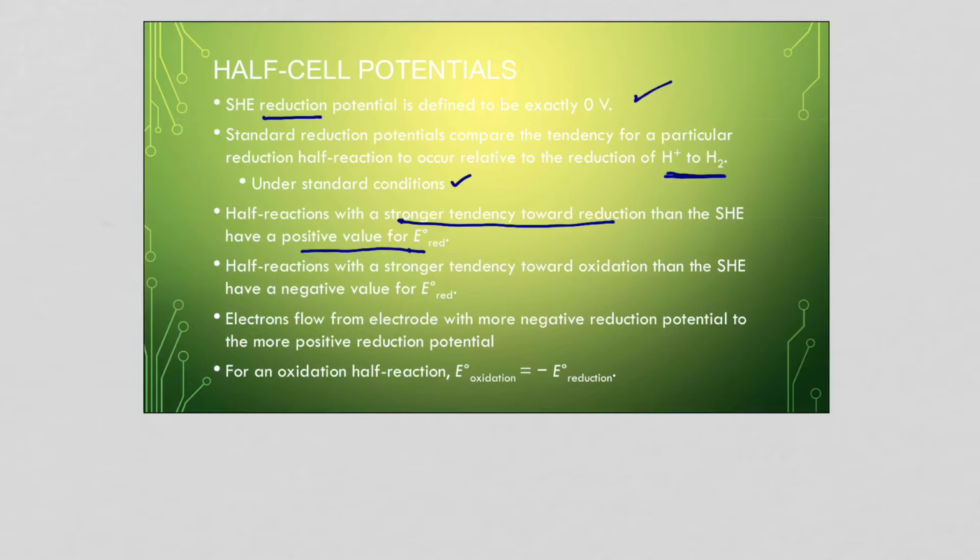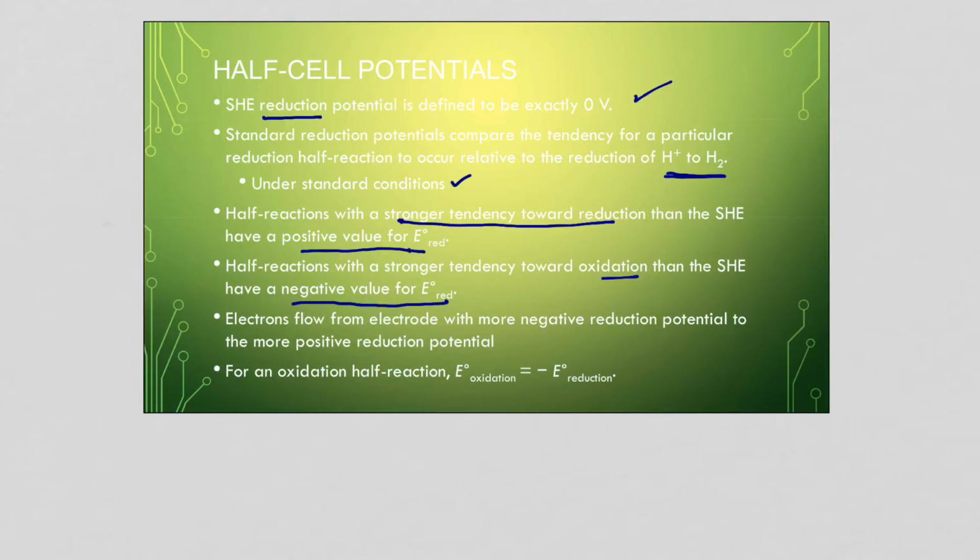So half reactions with a stronger tendency toward oxidation, or in other words, a lower tendency to undergo reduction than the SHE electrode, what we're going to see is the half reaction that we're studying is going to undergo oxidation, and the SHE will undergo reduction. These will be said to have a negative reduction potential compared to the standard hydrogen electrode, or it's less likely to undergo reduction if you want to think about it that way.